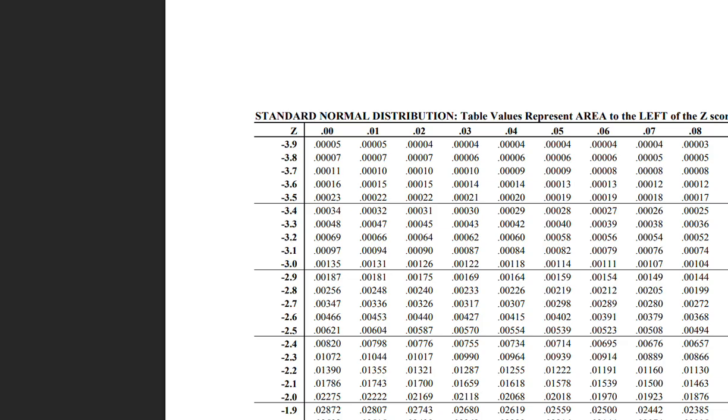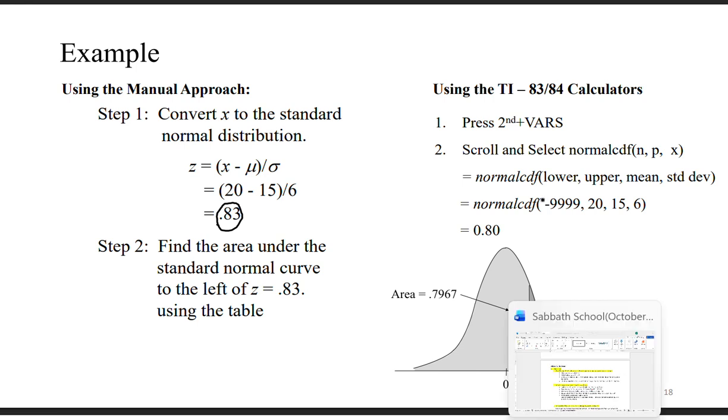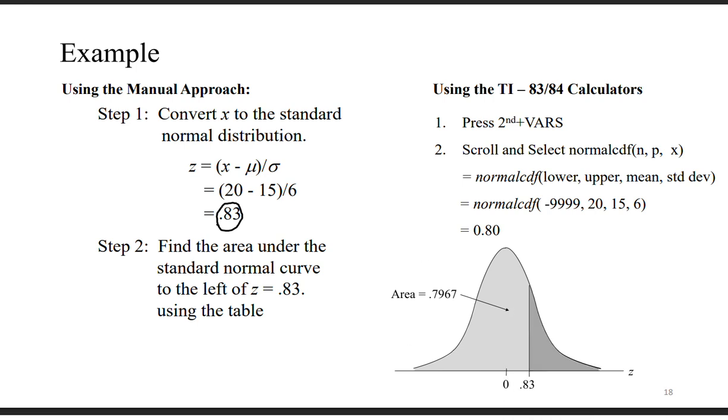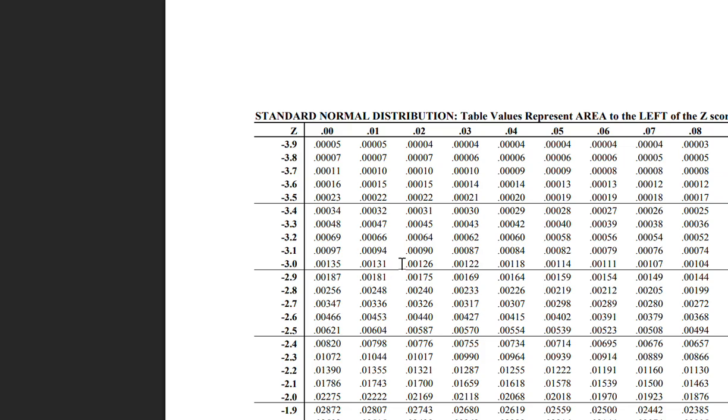Our standardized value from the calculation was 0.83, so I go on my table and look up 0.83, and this is how I would do it.